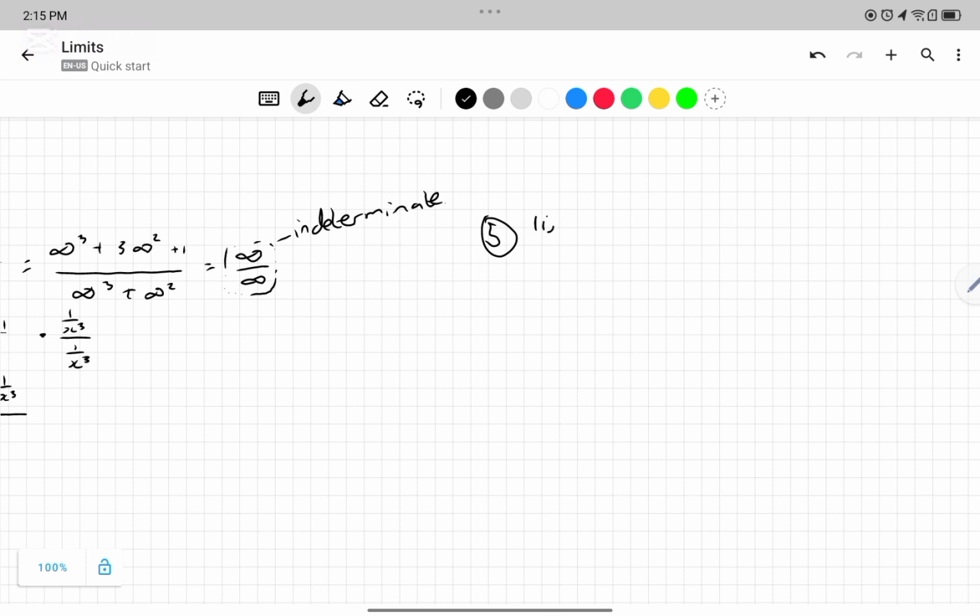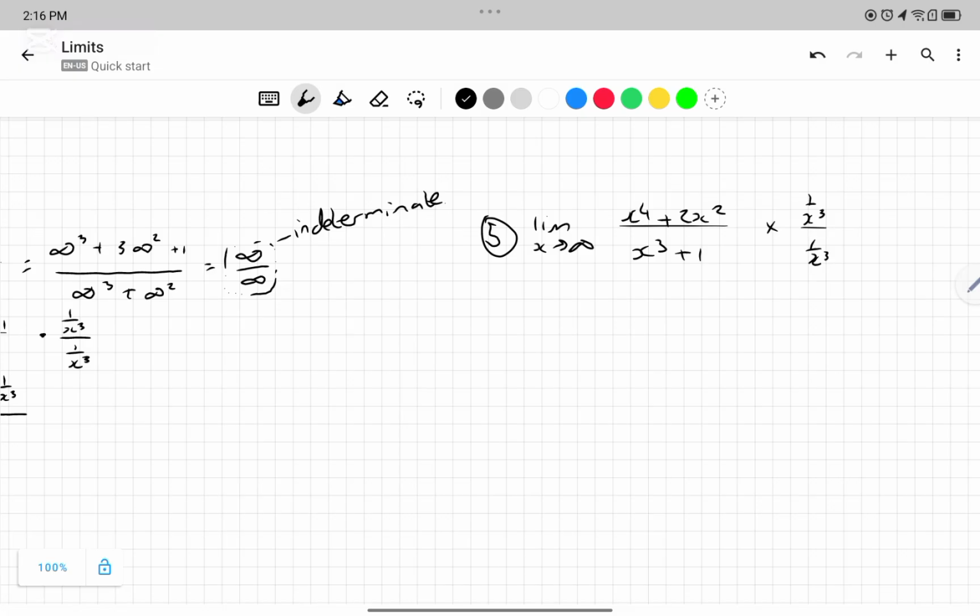So this is the other example. Limit as x approaches infinity, x to the 4th plus 2x squared over x cubed plus 1. So we do the same here, times 1 over x cubed.